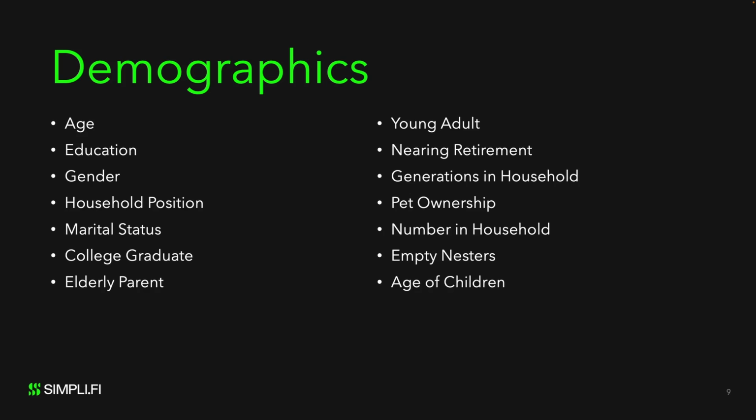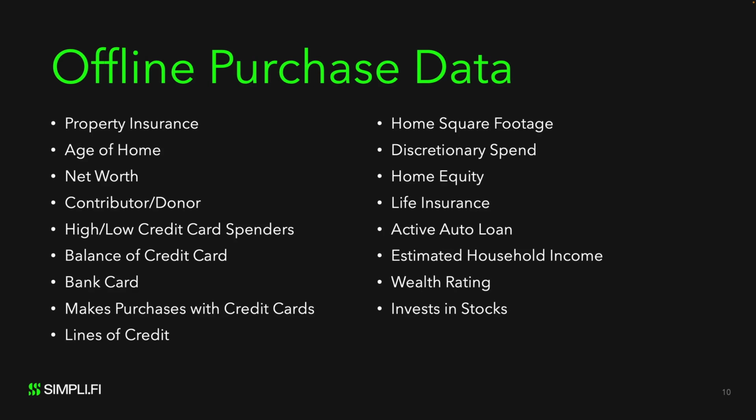We can build a list of people who have a specific education, are married or single, have kids, are empty nesters, are right out of college, or are about to retire. We can target people who own a home of a certain age or square footage, have a car loan, have a gold or platinum credit card, have a high household income, or are in need of a same-day loan.